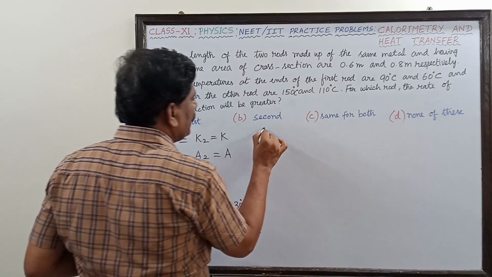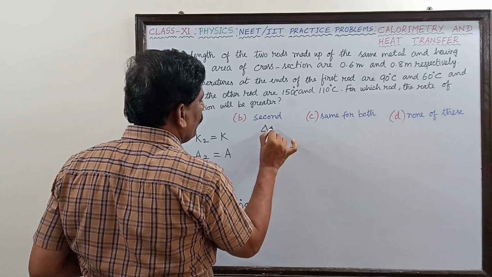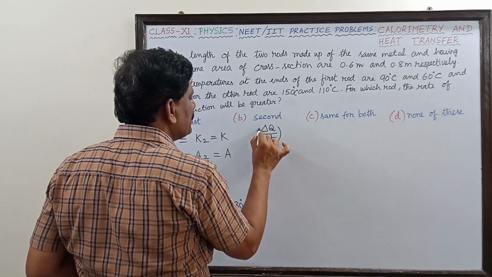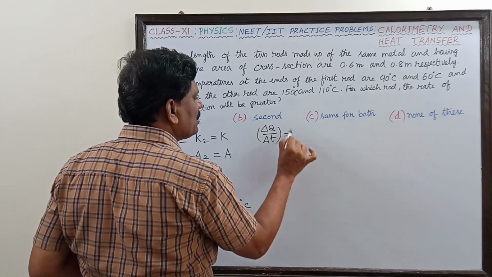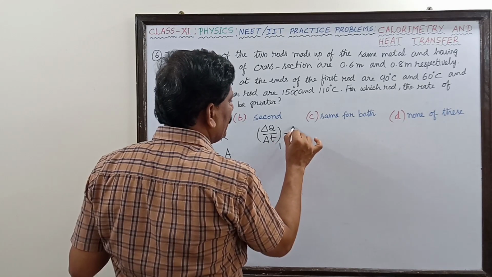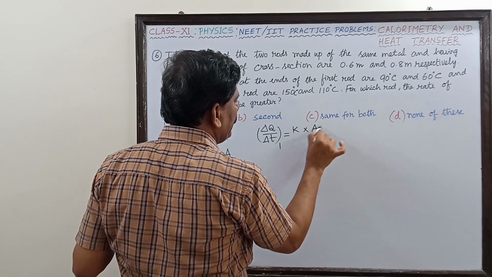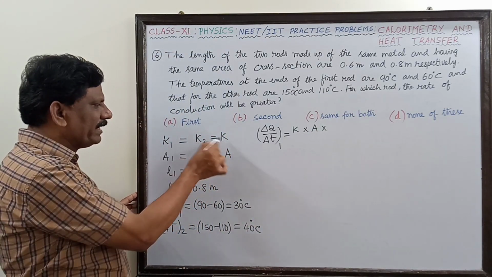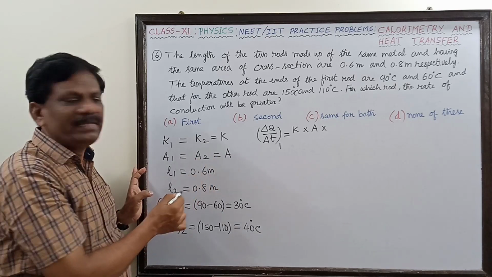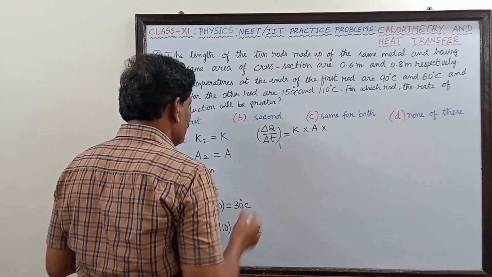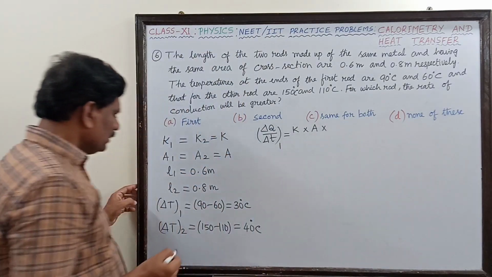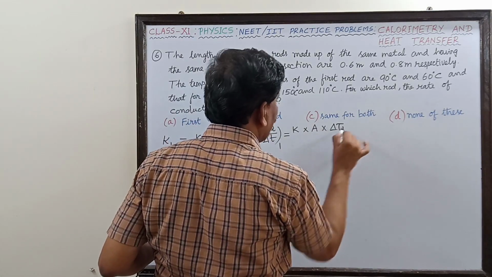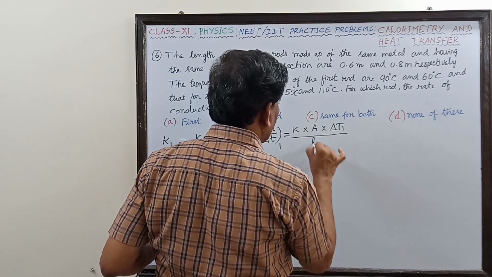Now the rate of flow of heat through the first rod is delta Q by delta T for the first rod. So this is equal to K into A, because they have the same thermal conductivity. Since material is the same, they also have the same area of cross section. So symbol is the same, into delta T1 divided by L1.